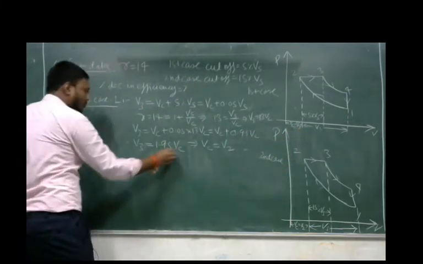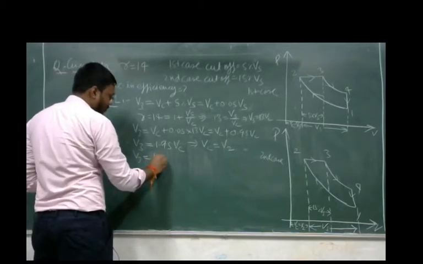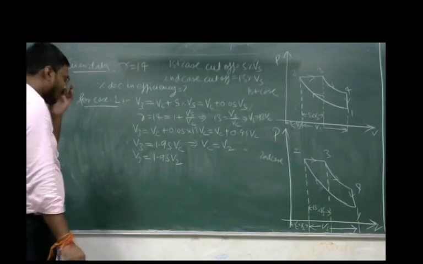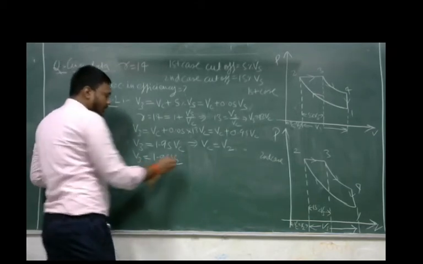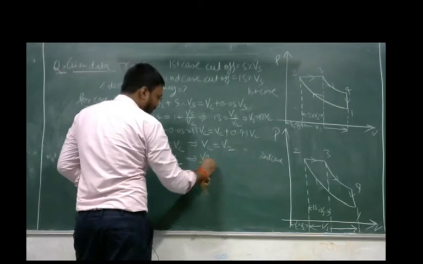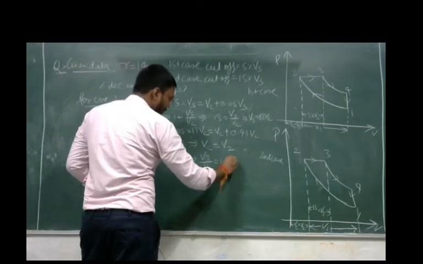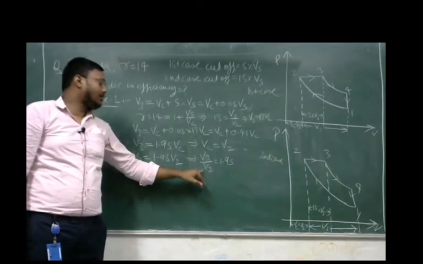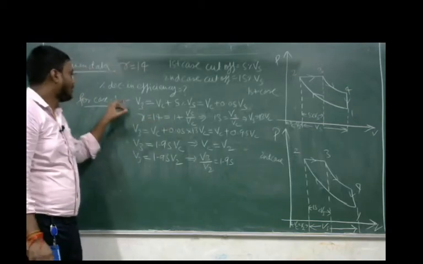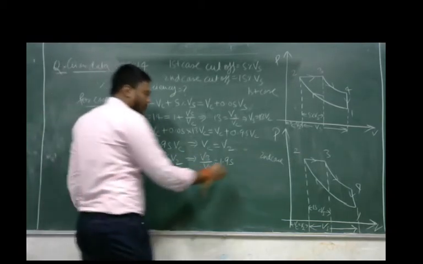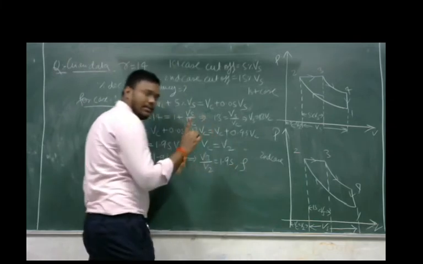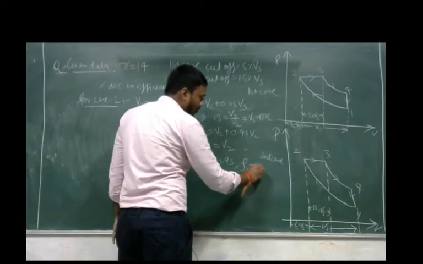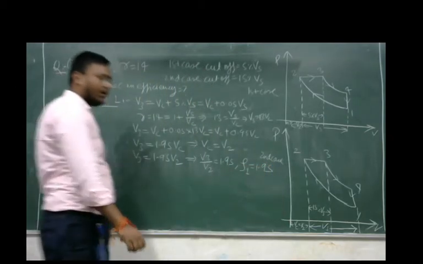Replacing Vc by V2, V3 equals 1.65 V2. Putting V2 below V3, V3 by V2 equals 1.65, and V3 by V2 is nothing but the cutoff ratio for case 1. This is the value of rho, written as rho 1, so rho 1 equals 1.65.